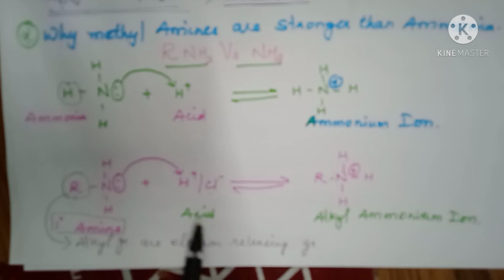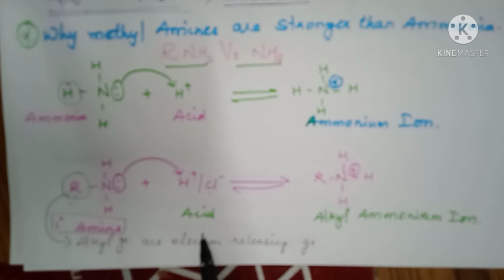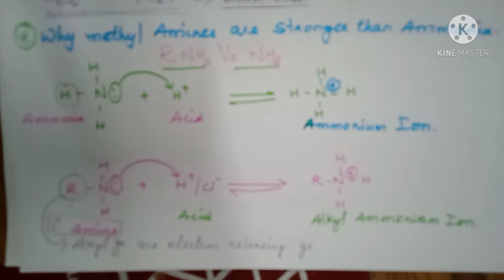With the alkyl group attached to the nitrogen, the electron density on the nitrogen atom increases. So the lone pair of electrons on the nitrogen atom easily donates electrons to the H plus ion. That is the reason why primary amines are stronger than ammonia. Hope you got it.